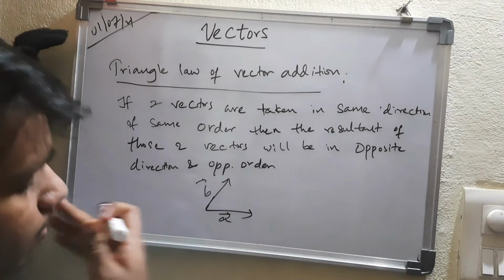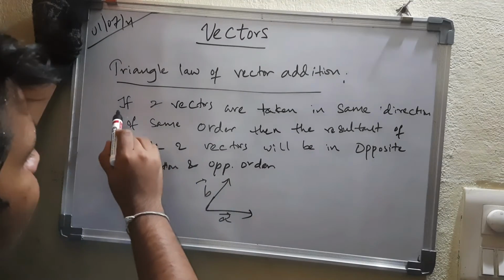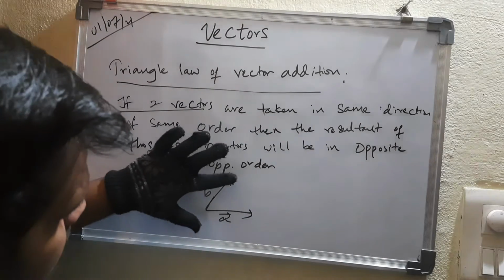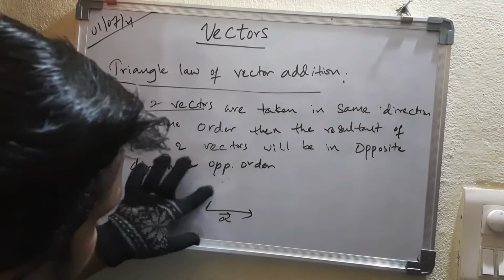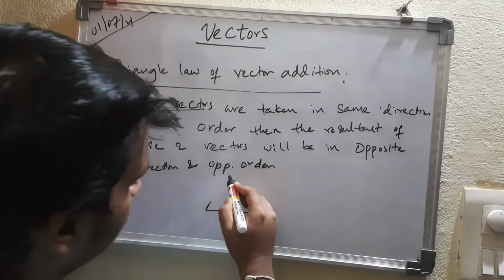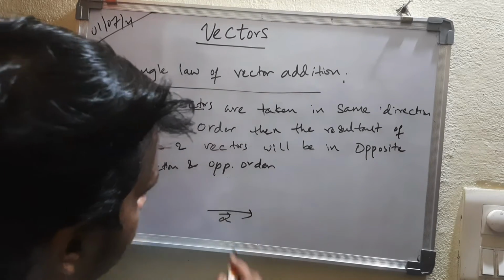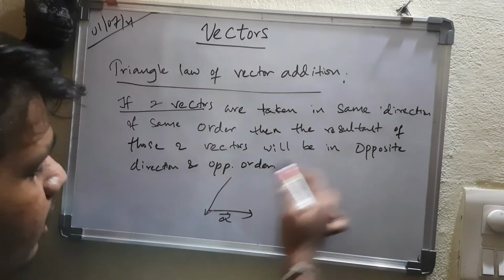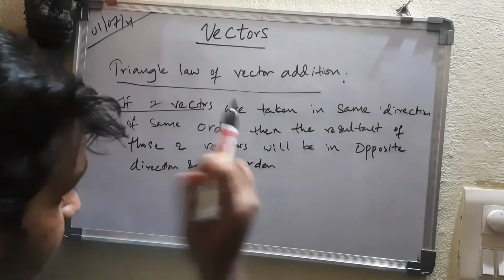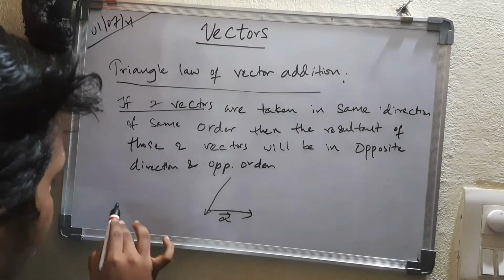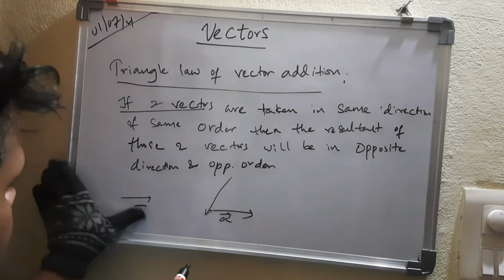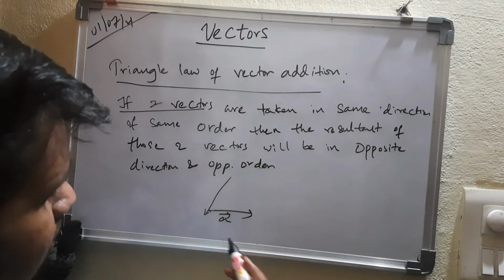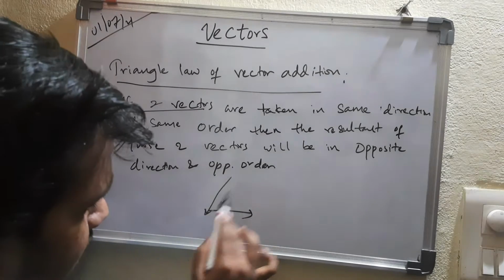Now the resultant formed if two vectors are taken in same direction, same order. Same direction doesn't mean east-west; it means going from here to here, in same direction and in same order.